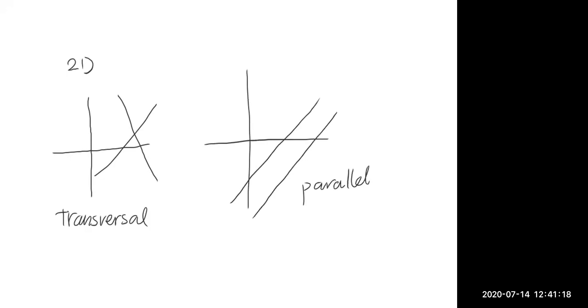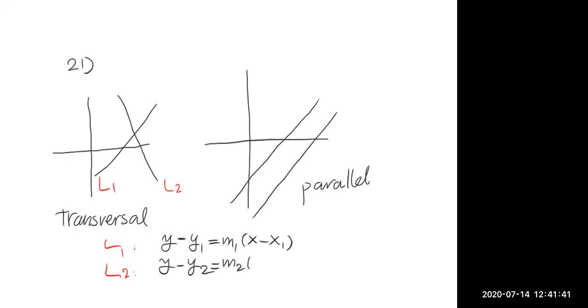So for example, let's say the equation of one of the lines is y minus y1 equals m1 times x minus x1. That's the equation of one of the lines, say L1. And then I have another line. The equation of the other line is, say, y minus y2 equals m2 times x minus x2.